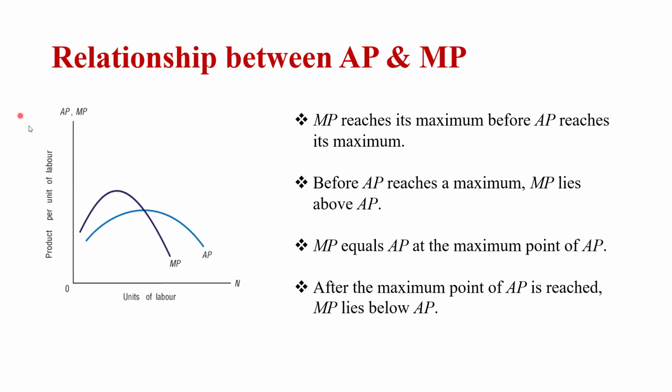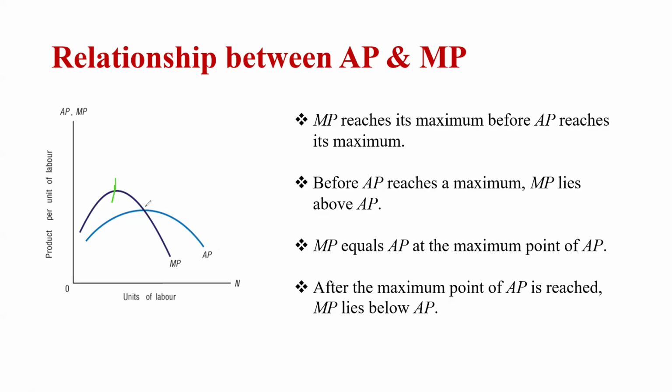The marginal product will reach its maximum here first before average product. And then after marginal product has reached its maximum, marginal product starts to decrease. And when marginal product is decreasing, average product is above marginal product. You can see that it's decreasing here, and your average product is above now.